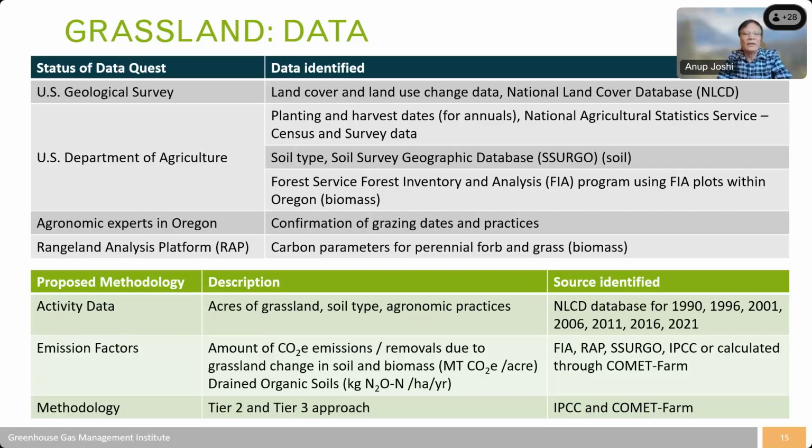Again, this data set is pretty much the same as I presented earlier on the forestry side. The activity data is acres of grassland, soil types, and agronomic practices, and again the source identified is the NLCD database. For the grassland side, for the biomass carbon, we're again depending on the FIA database to get the carbon densities for shrub and scrub types. May I have the next slide, please?